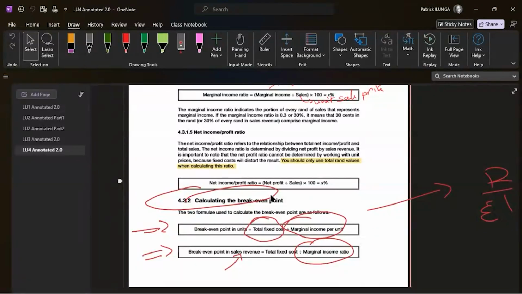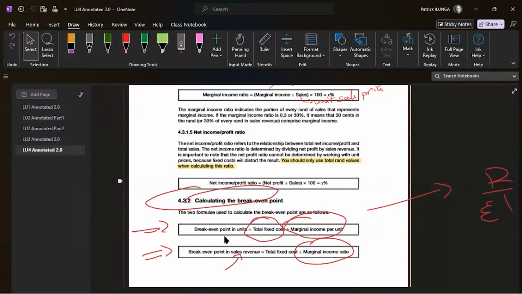So for the break even point in terms of units, if you want to find how many units you need to sell, you take the total fixed cost, because what you want to cover is the fixed cost.